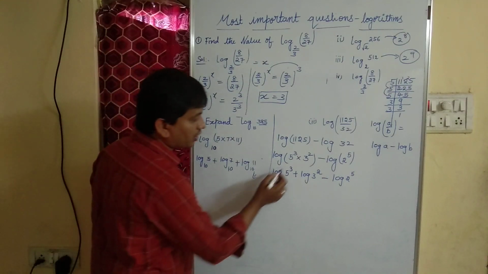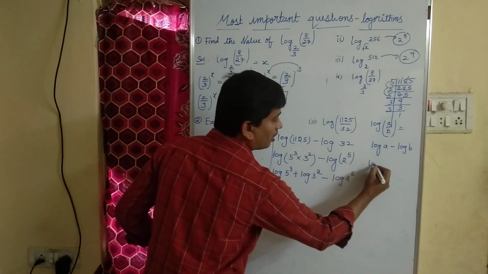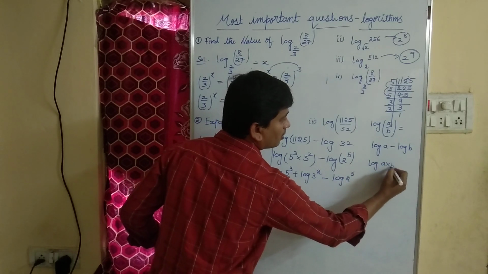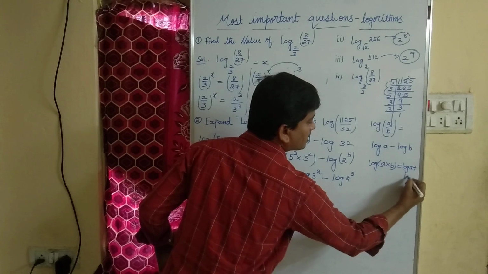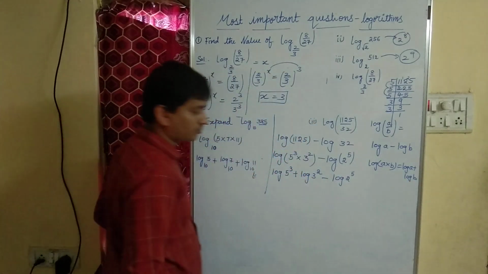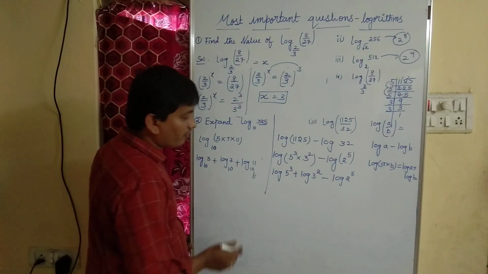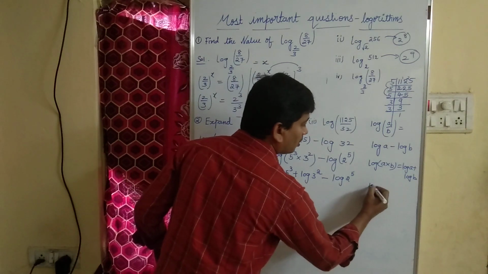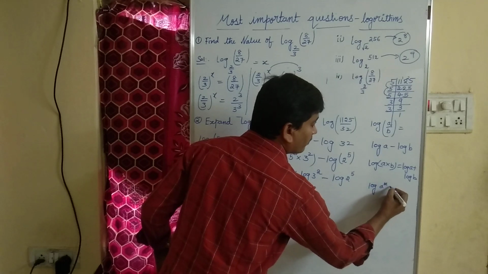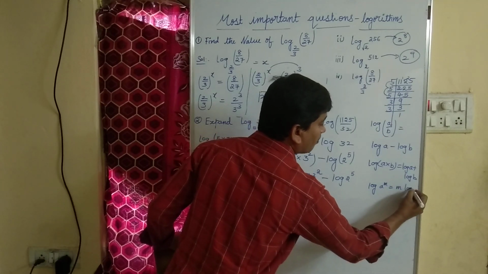So what have I used here? Here we have used the formula log a into b. What is the formula of log a into b? That is log a plus log b. Now again we have one more formula. Here we will use log a power m. Log a raised to the power m I can write as m log a.